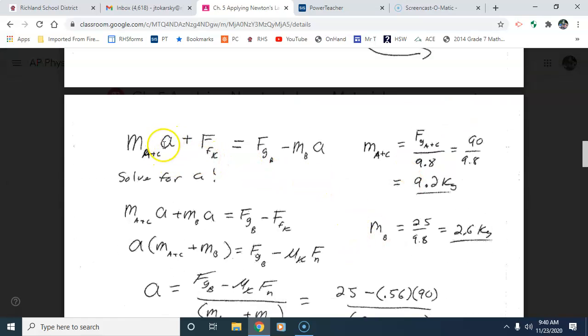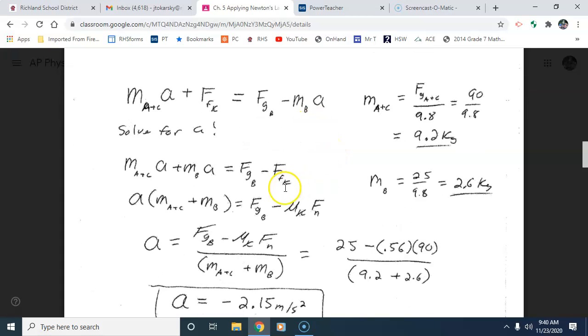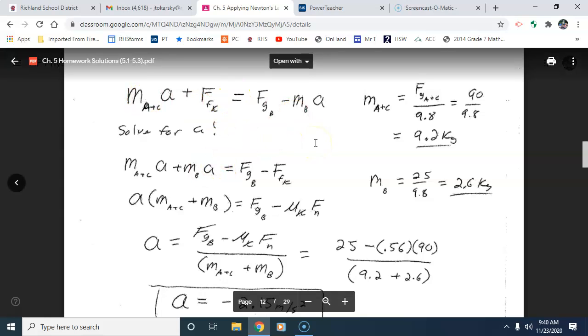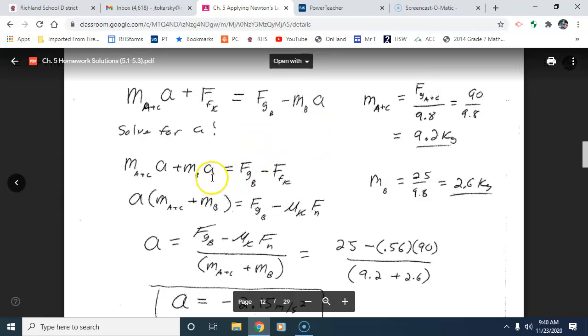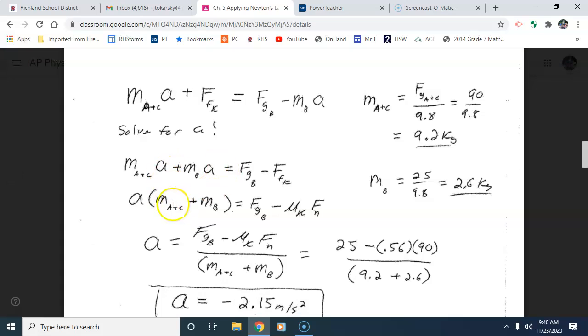And now we solve for acceleration. All right? We get all the A's on one side. So I rearrange it just like you would do in like Algebra 1 if you had X here, X there, get them all on one side, right? So I get all the A's on one side, then I could factor it out of this term, leaving me the leftovers of the combined masses here, all of them.